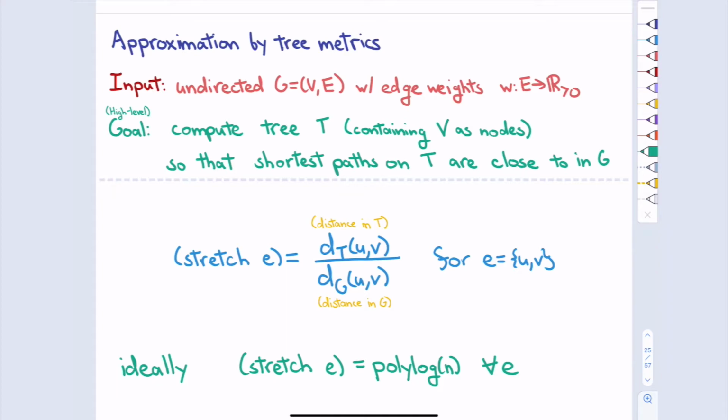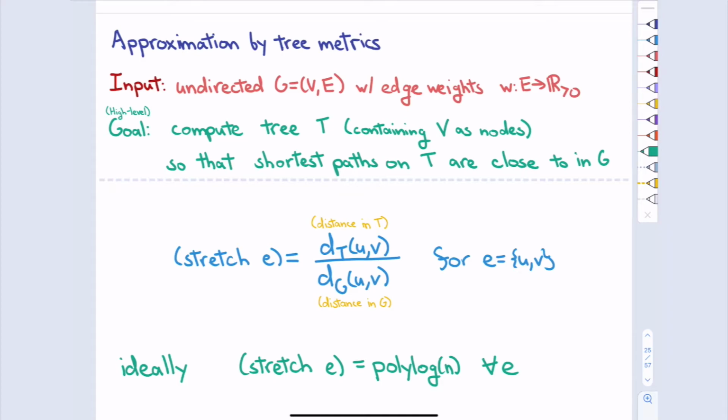Okay. So we're going to focus on a notion, I guess we'll call the stretch of an edge in the undirected graph. Let E be some edge from your original graph, right? E was an edge from point A to point B, and you create some crazy tree. So now your path from point A to point B might be much longer than the original length of the edge, and we want to limit how much longer.